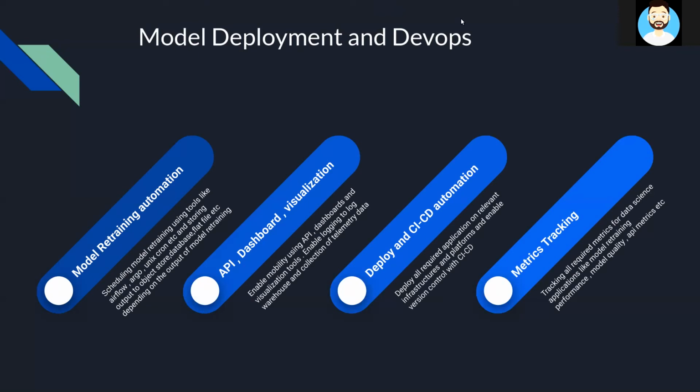The next component is the API, dashboard and visualization component. This step enables the mobility of data science applications. Now you have a perfectly working model, giving really accurate predictions, but you don't have any API or dashboard using which users can consume your data science applications. So it's of no use, right?